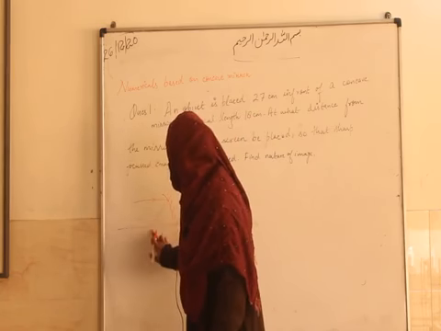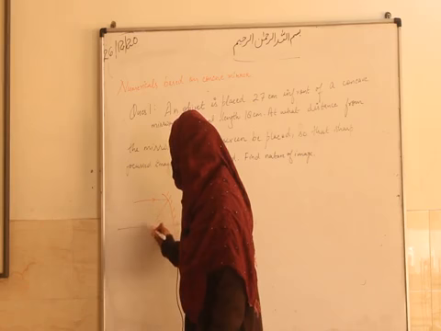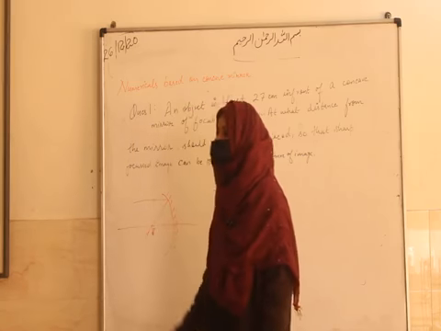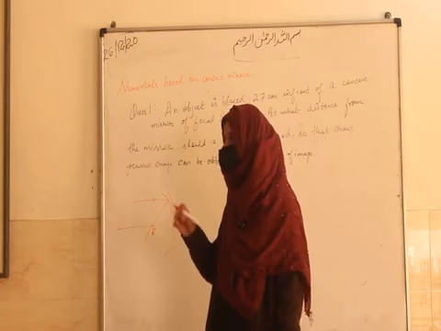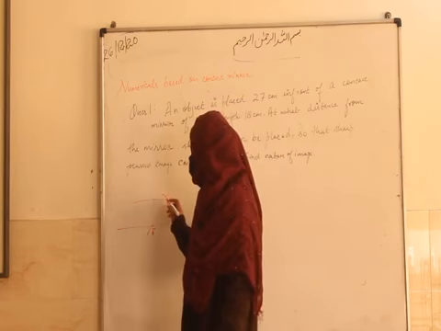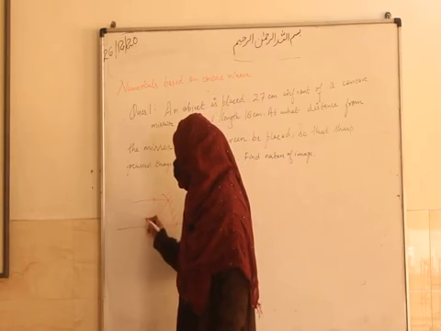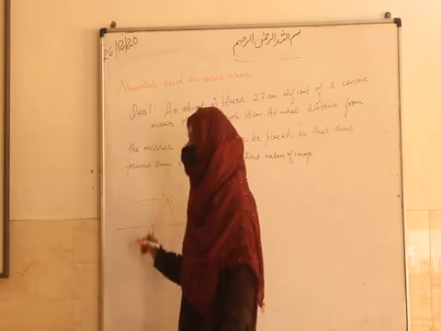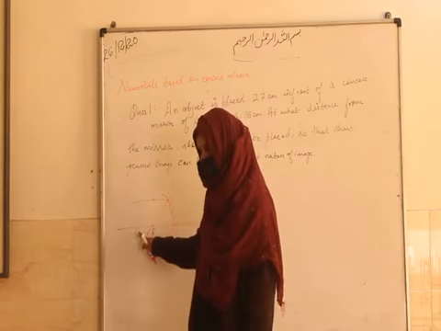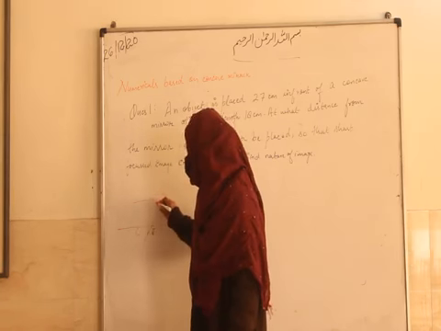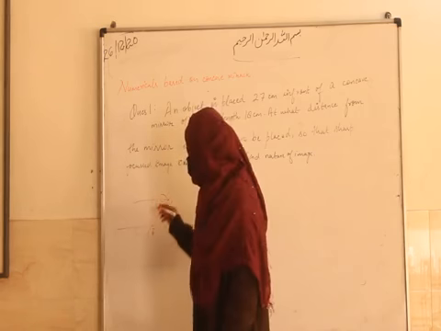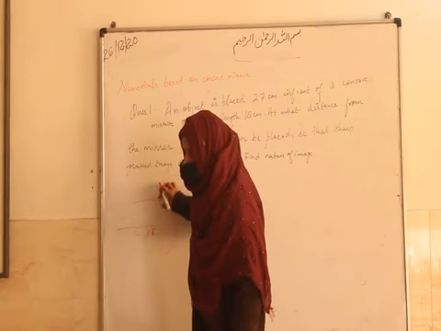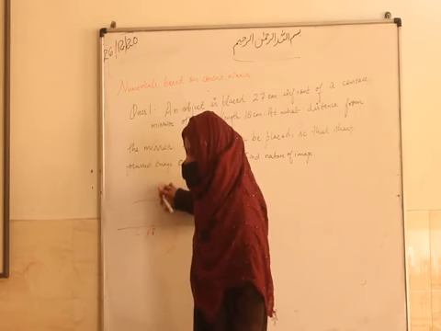So the question is why it passes through the focus, not here and there. Because we have one rule, the normal line. The normal line will always pass through the center of curvature. It will make angle I, and you know that according to the laws of reflection, angle I should be equal to angle R. So if angle I is this much, obviously angle R will also be equal to this much.